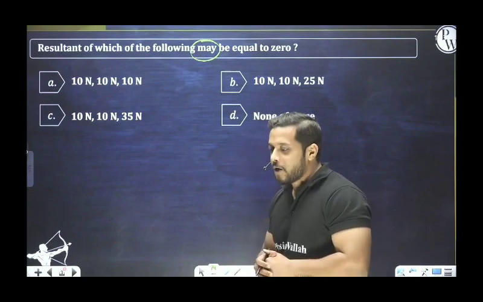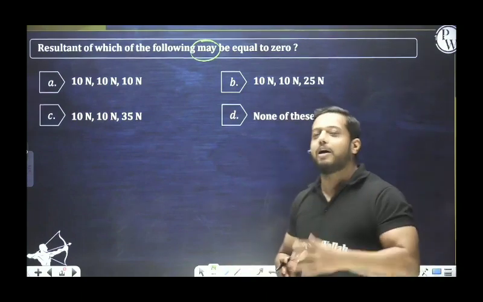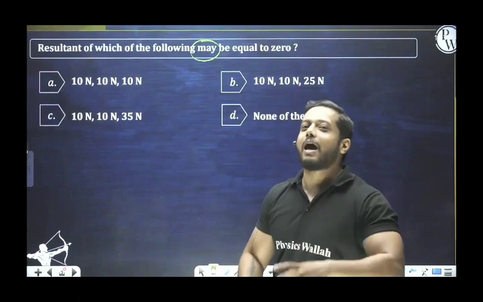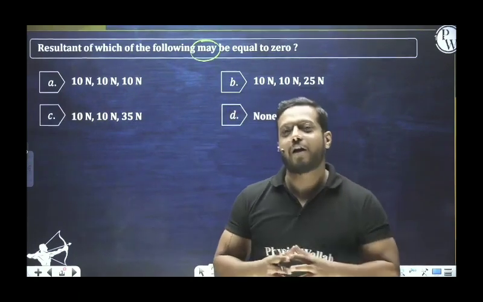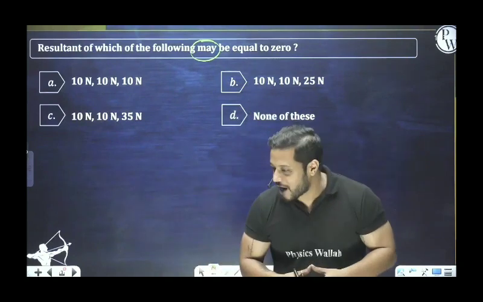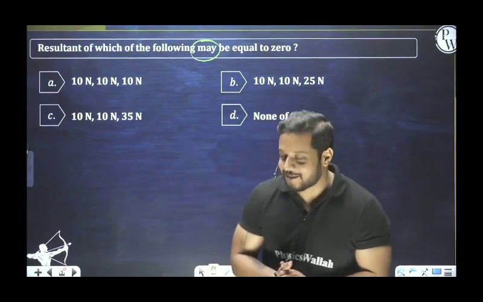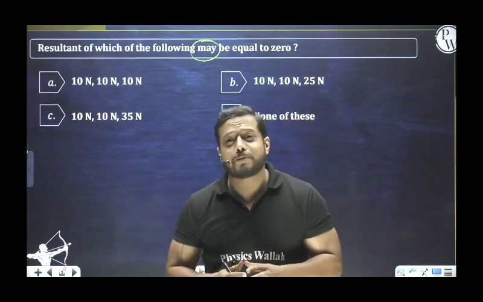So basically what we have studied in the polygon law, as you can see here, we have more than 2 vectors. And since we have more than 2 vectors, we are definitely going to use the polygon law of vector addition.